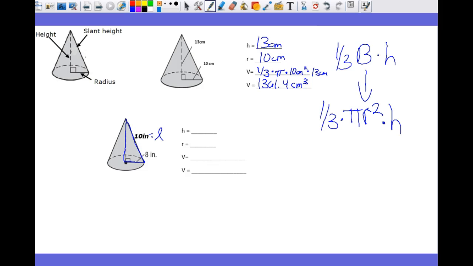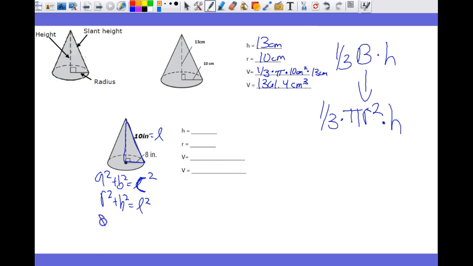We know Pythagorean's theorem is a squared plus b squared is equal to c squared. Okay, let's rewrite this using our specific triangle here. It's going to be the radius squared plus the height squared is equal to the slant height squared. That's a special Pythagorean's theorem just for these cones.